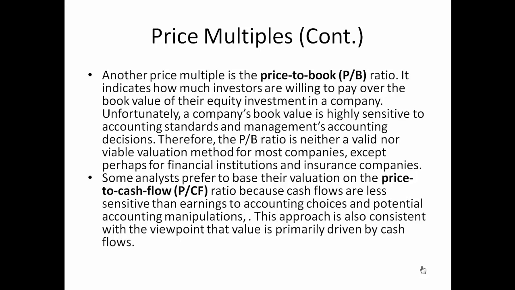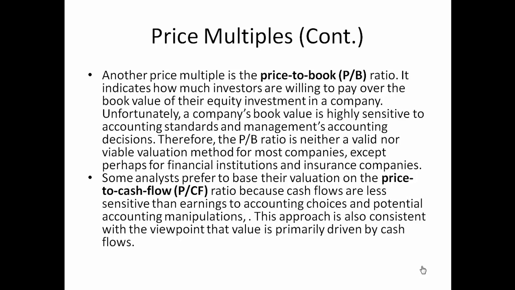It indicates how much investors are willing to pay over book value of their equity investment in a company. Unfortunately, a company's book value is highly sensitive to accounting standards and management's accounting decisions. Therefore, the PB ratio is neither a valid nor valuable valuation method for most companies, except perhaps for financial institutions and insurance companies.